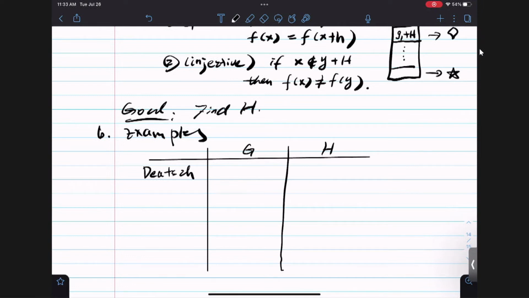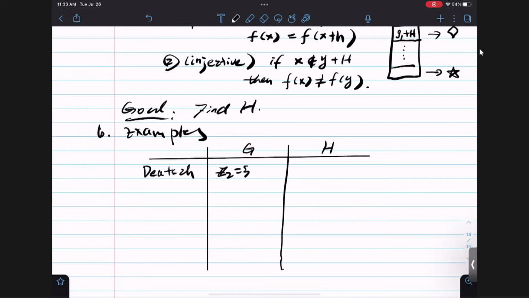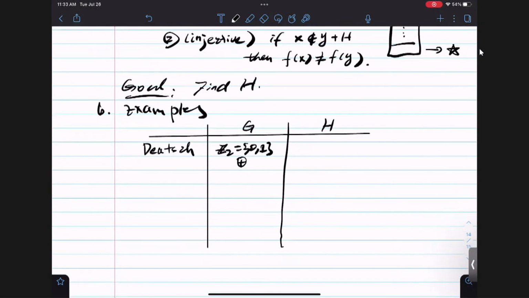the group is actually just Z2, 0, 1, under the XOR operation. And the subgroup in Deutsch problem is either 0 itself or the entire group G. Right?